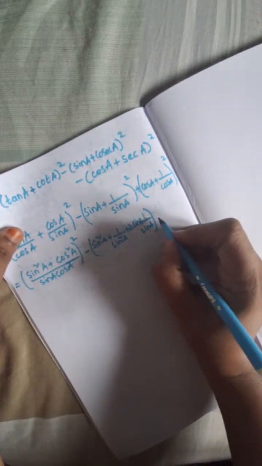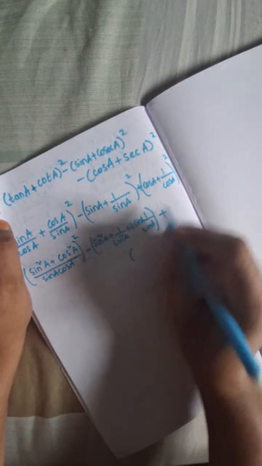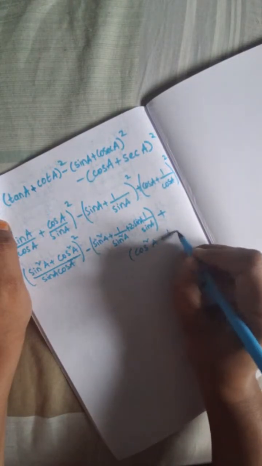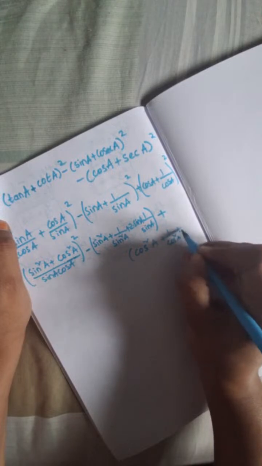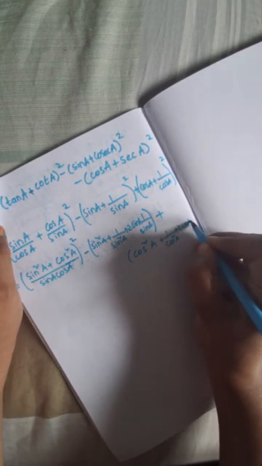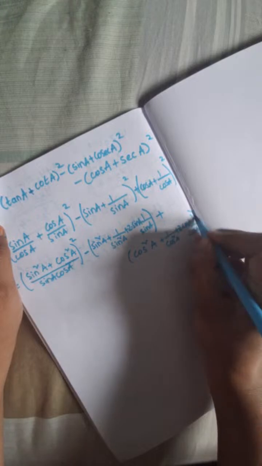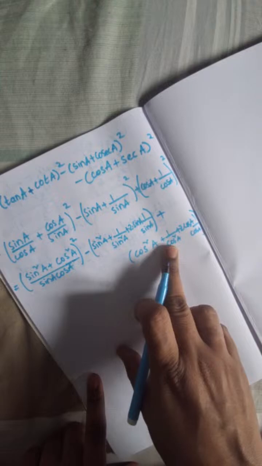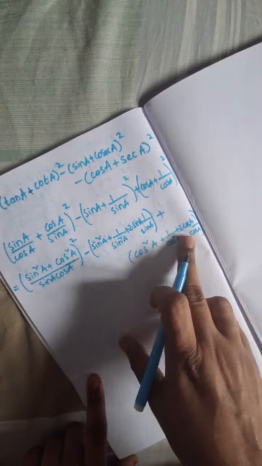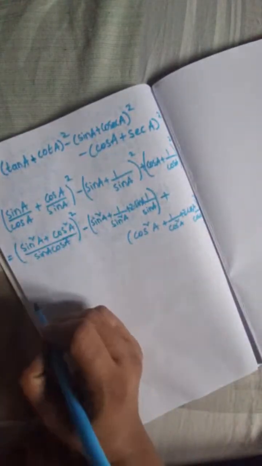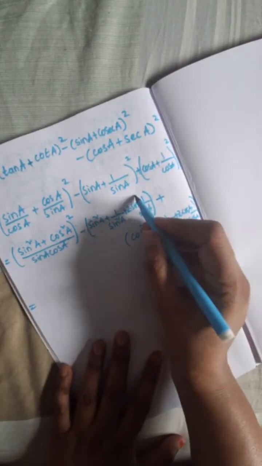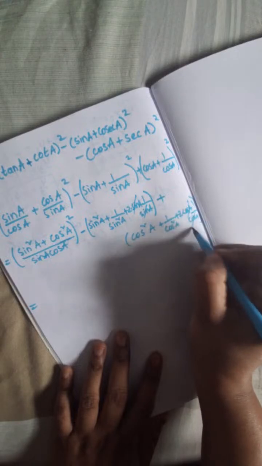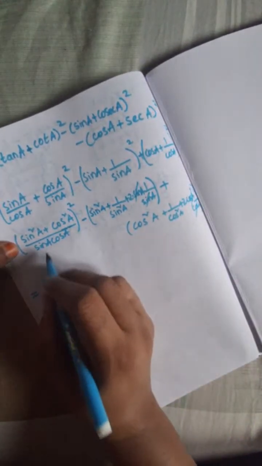The third term we can also write in the A plus B whole square form: cos square A plus 1 by cos square A plus 2 into cos A into 1 by cos A. That is A square plus B square plus 2 into A into B. Now in this step sin A gets cancelled, and here also cos A gets cancelled.